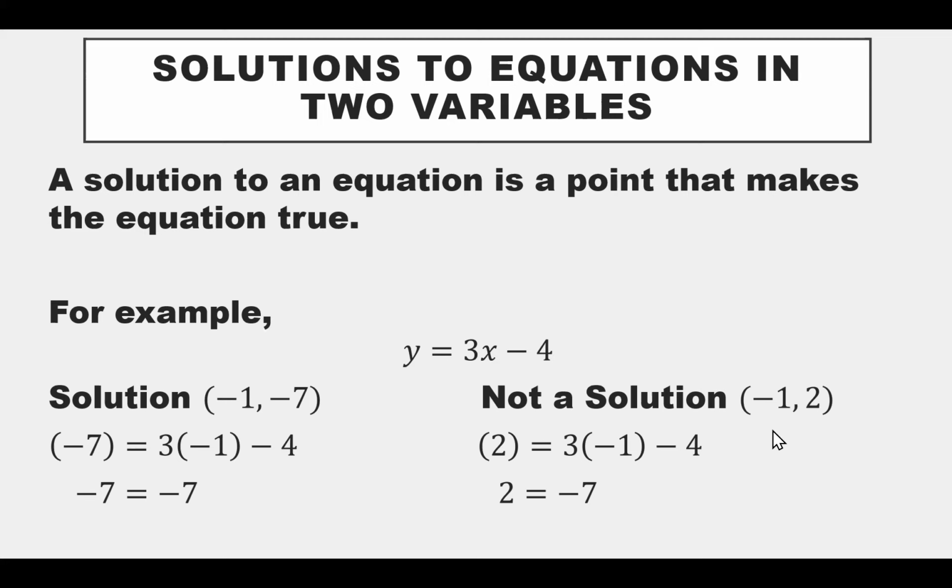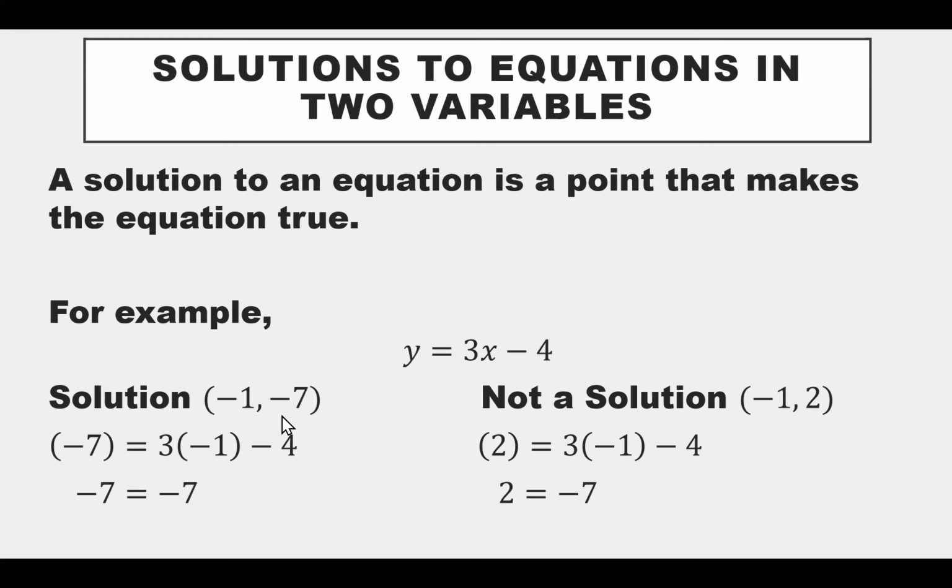On the other hand, if you plug in -1, 2 and do the calculations, you'd end up with 2 equaling -7. That's obviously false. 2 is not the same number as -7. And therefore, -1, 2 is not a solution.